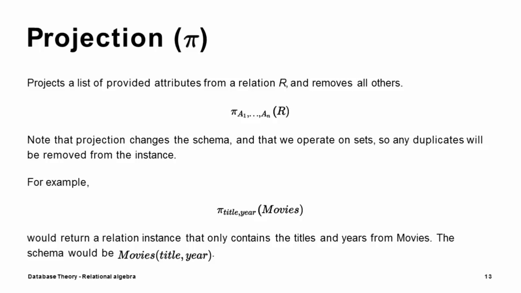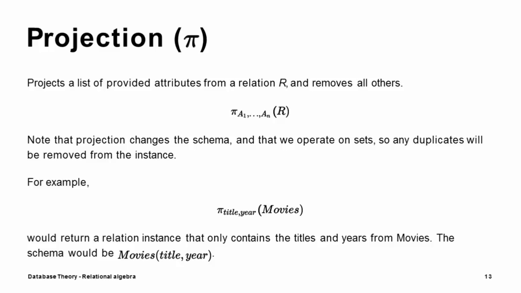We have the operator pi that works on the relation R, and then we have a comma-separated list of attributes. Those are the attributes we are interested in. So selection returns all the instances. Projection returns all the columns.